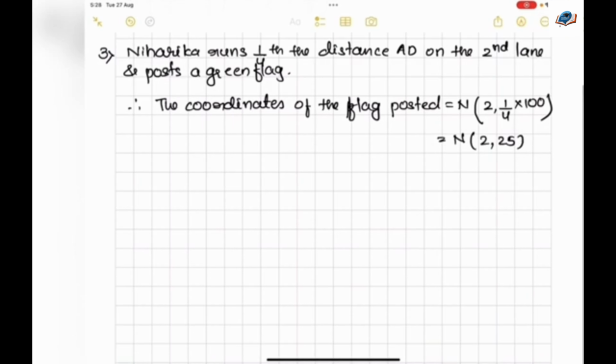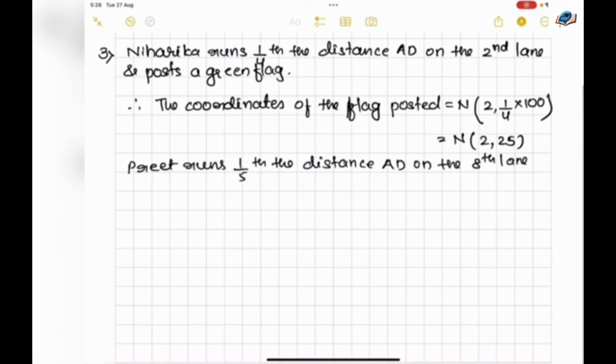Then Preeti runs 1/5 the distance AD on the eighth lane and posts a red flag.